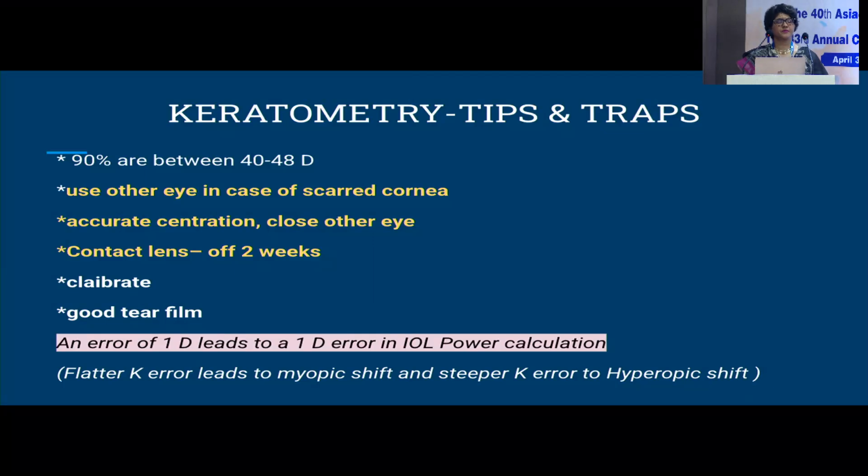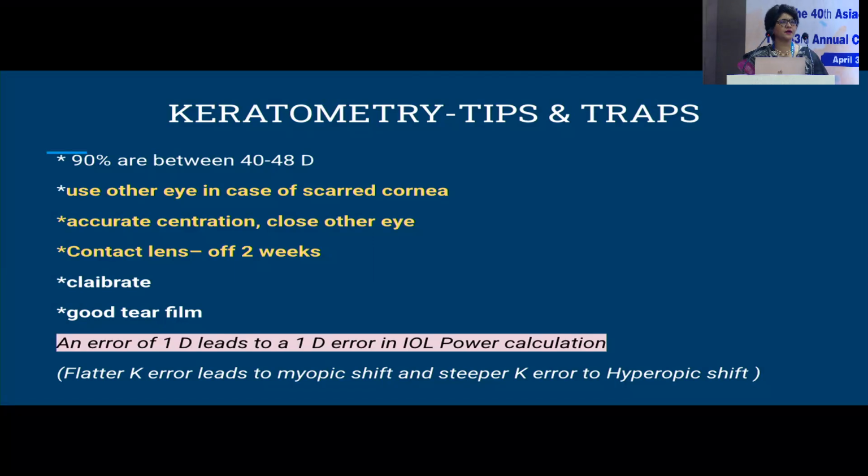So when you are doing keratometry, it's very important that the eye should be well lubricated. The positioning should be central. And the person should be off contact lenses if they are usually using contact lenses. Make sure there's no scarring and calibrate your instrument very, very well.